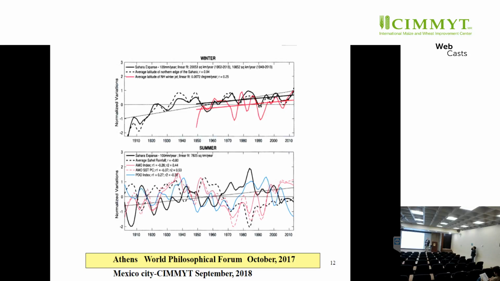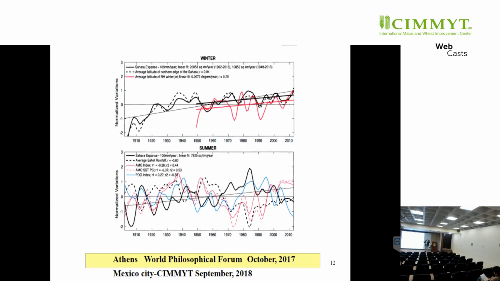The first is the Atlantic multi-decadal oscillations, as well as the Pacific decadal oscillations. So they have their influence. That's what I can say. The third one is the Hadley movement, but maybe there are specialists here.